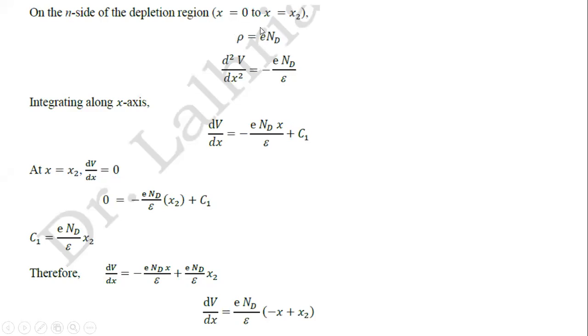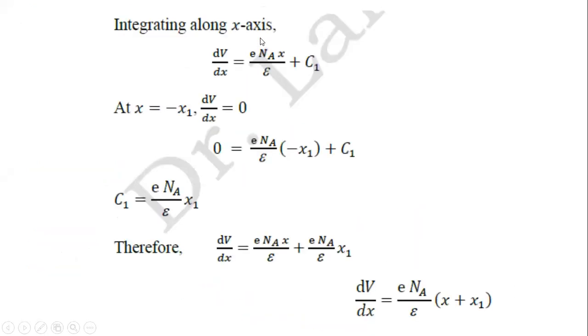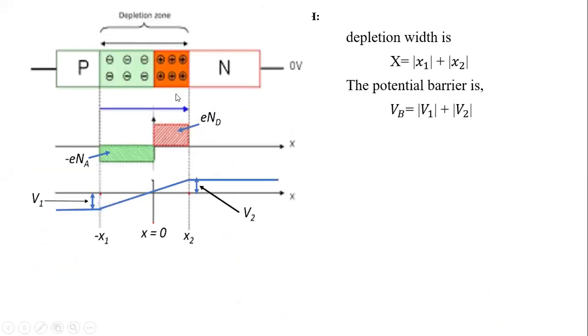So you put the value of your charge density in this Poisson's equation. Here you see that this being positive ions, you put a plus sign here, and in the p side of the junction you have negative ion formation, therefore we have put minus e there, right?